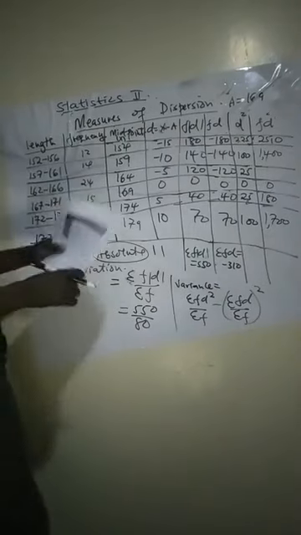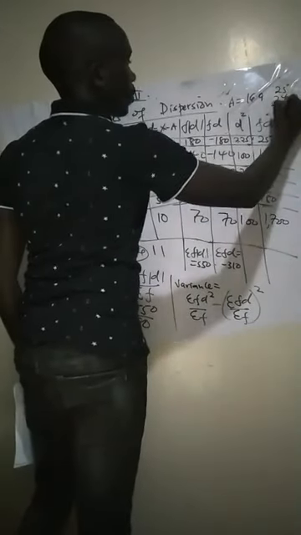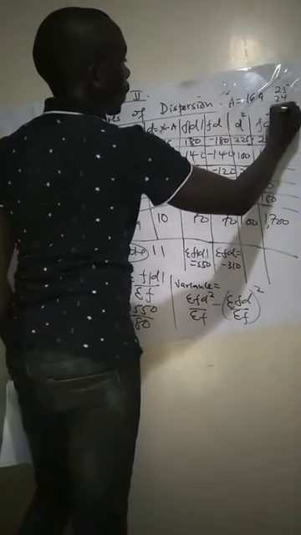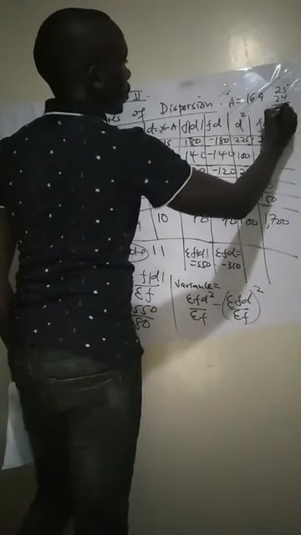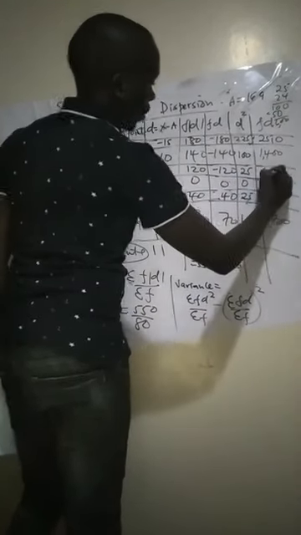And then I have 25 times 24, that is 600.